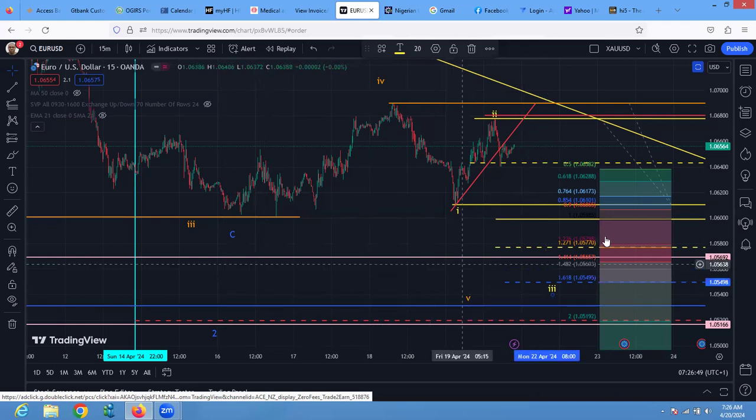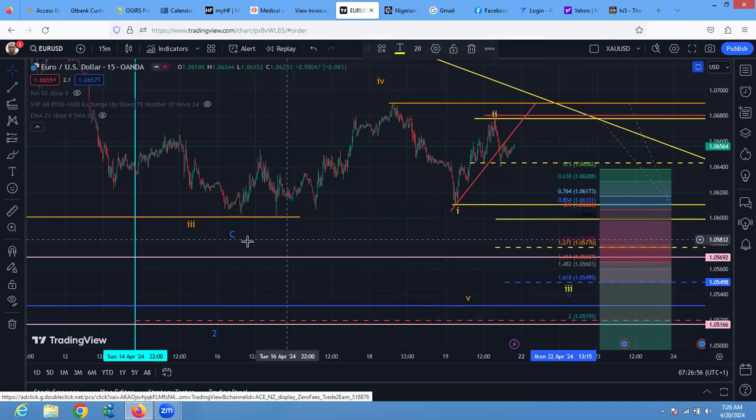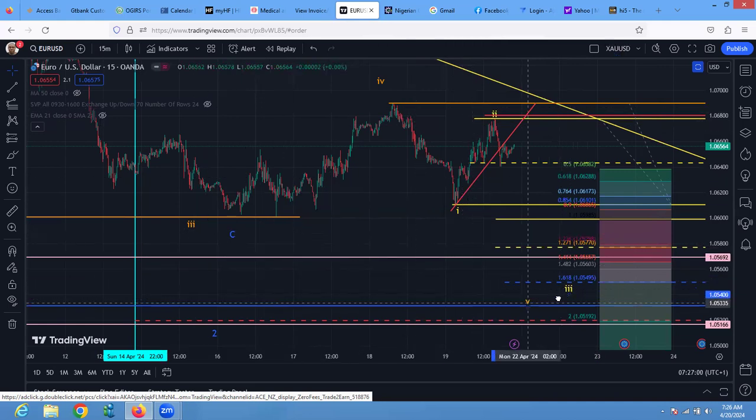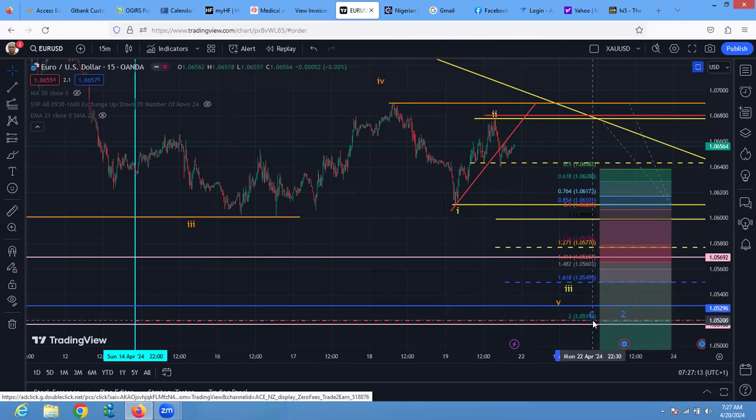So this is 88. So now anywhere from here we may have our 3, our 4, then our 5 probably will end around this area on the golden yellow. And so that may end our wave 2, and our wave C may end here.